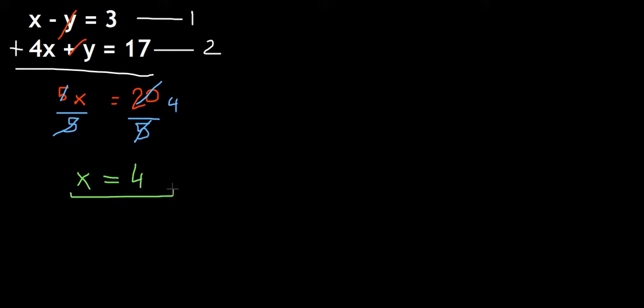Now it's really easy to do the rest of the solution, as we just have to put the value of x in any of the equations. Let's put the value of x in equation number 1. So x minus y equals 3. x is 4, we write it over here, and minus y, we have to find it, and equals 3 is the given value.